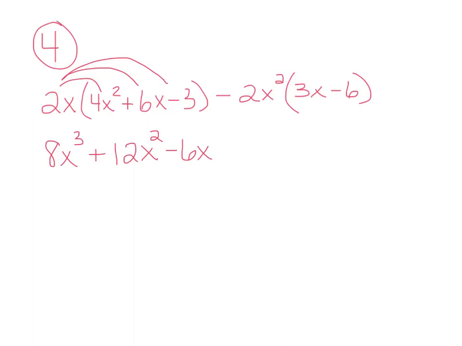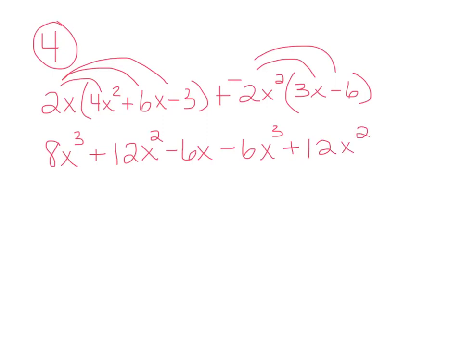Now we're going to distribute the second set of parentheses. Remember, this is going to be a negative 2, so we make that a plus, and make it a negative 2x squared. So we have negative 2x squared times 3x, which gives you a negative 6x cubed. Remember, add the exponents on the x's. And then negative 2x squared times negative 6, because this is negative here, gives you a positive 12x squared.